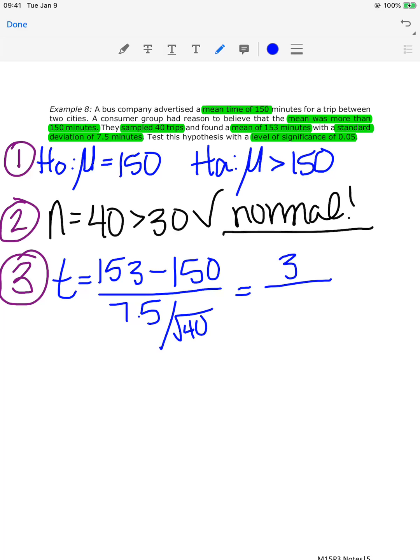This is 3 divided by a number that's not going to come out to an even number, 1.185854123. Go ahead and use all the decimals. 3 divided by my answer, 2.5298.